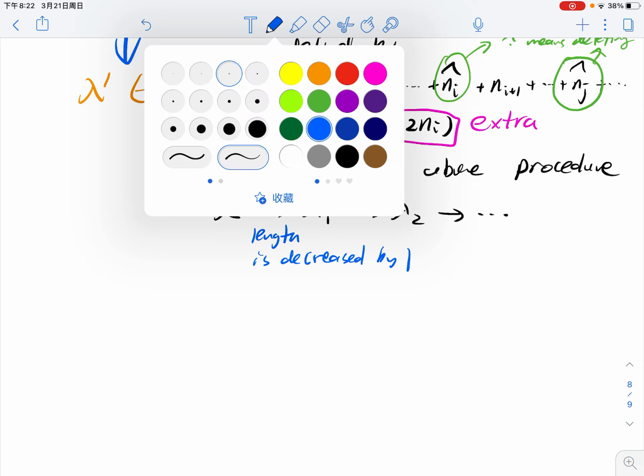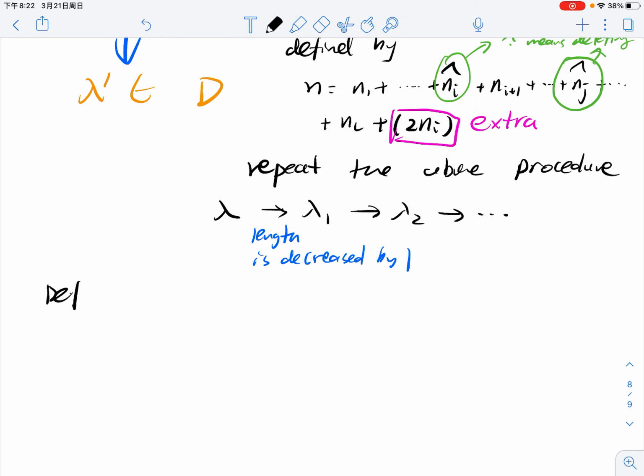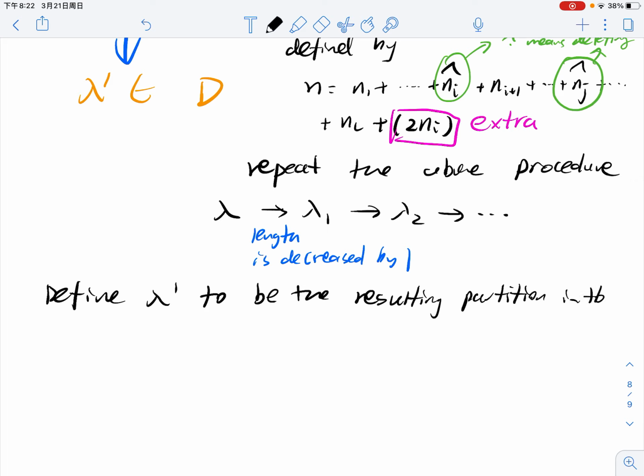And then the last one, let's define lambda prime to be the resulting partition in the last step.